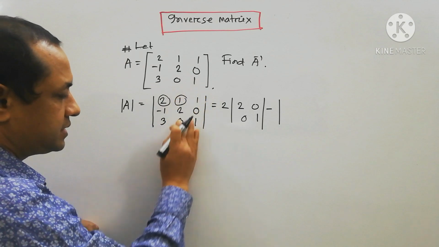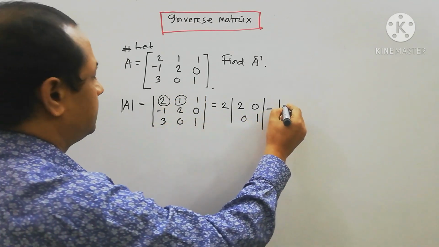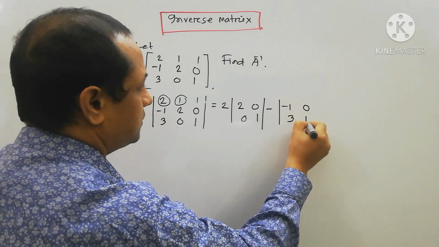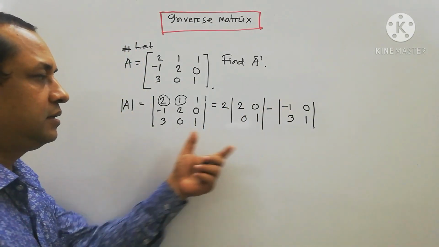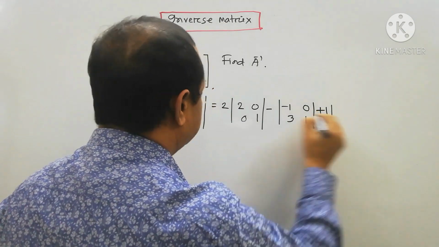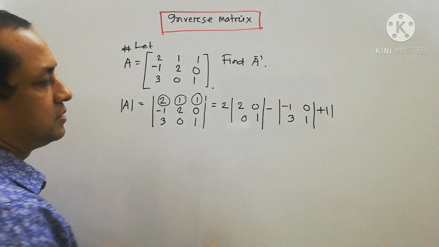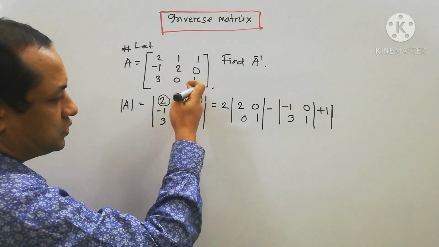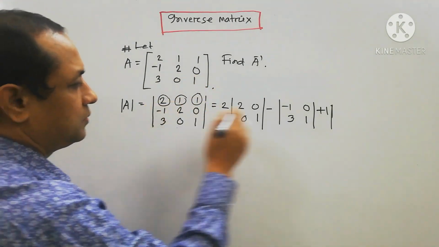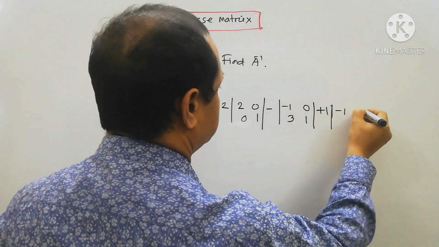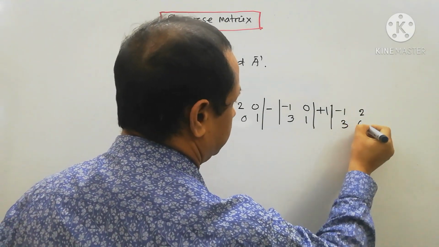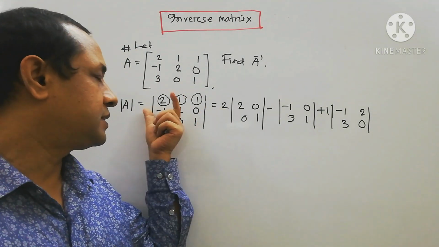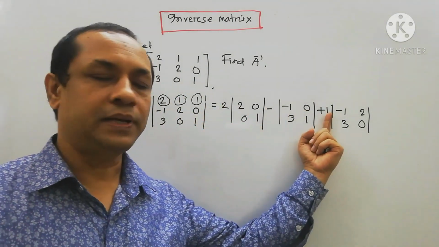So first row and second column are cancelled. Then the rest of the numbers are 1, 0, 1, 1. Then plus 3. Now the position of 3 is first row and third column. Now we have 1, 2, 1, 0. The signs are plus, minus and plus.